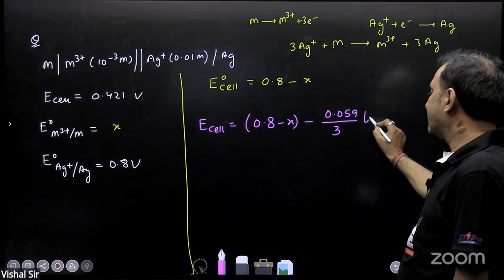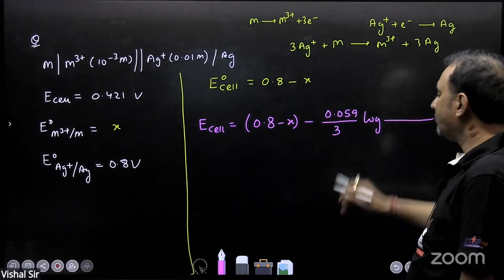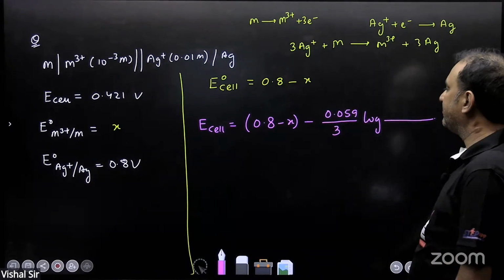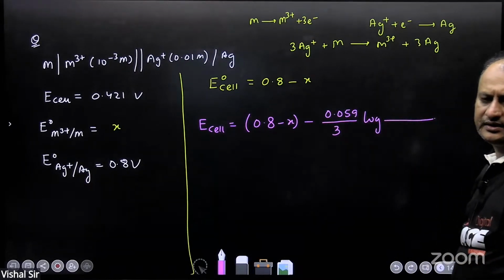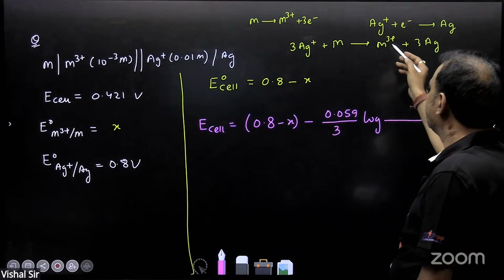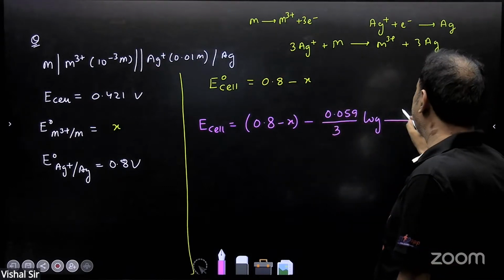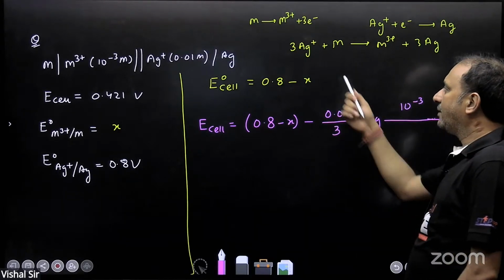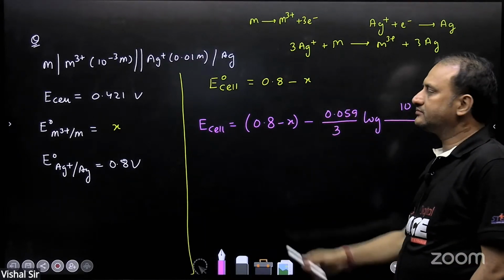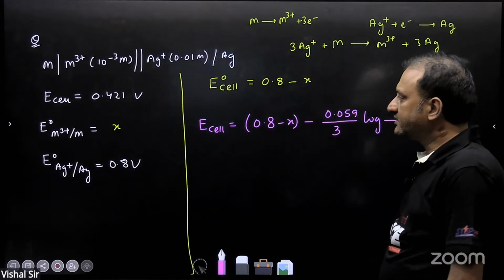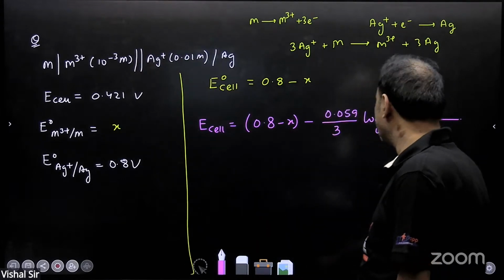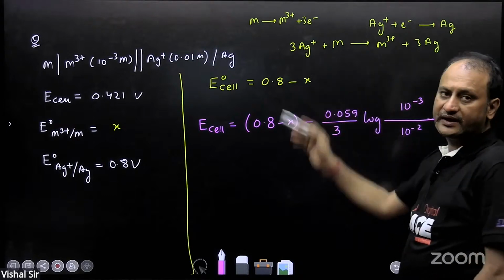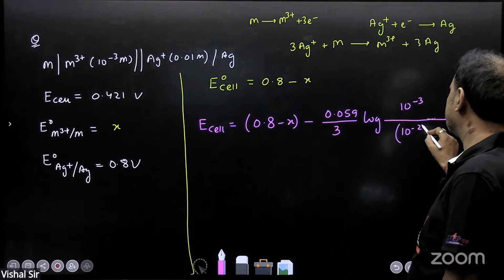So N factor will become 3, log of: silver ion active mass, silver atom a solid, active mass 1. M3 plus molarity is given 10 raised to minus 3, upon this M is solid, Ag plus molarity is 10 raised to minus 2 and its stoichiometric coefficient is 3. So Q.